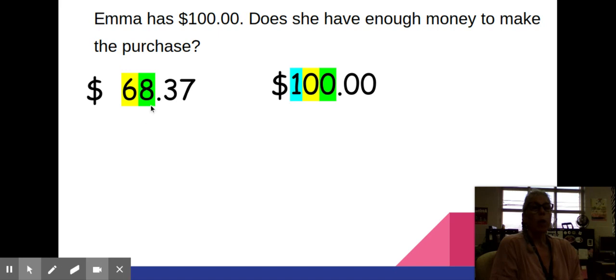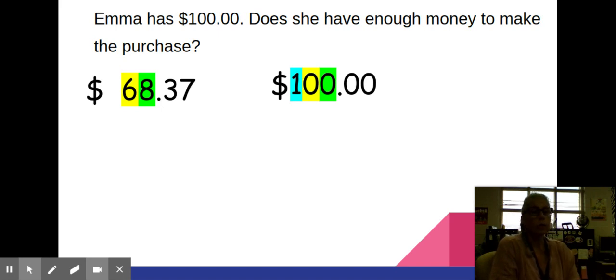We've got ones, tens, and how many hundreds? It is actually 0 hundreds in 68. Over here in 100, we're going to look at our ones, our tens, our hundreds. We have 100. 1 is larger than the 0, so 100 is larger than 68. All 3-digit numbers are larger than 2-digit numbers.